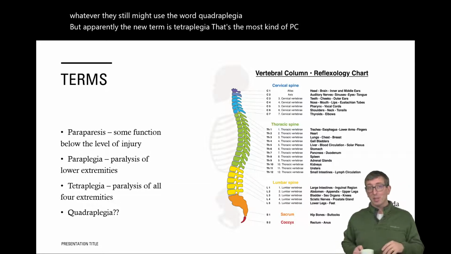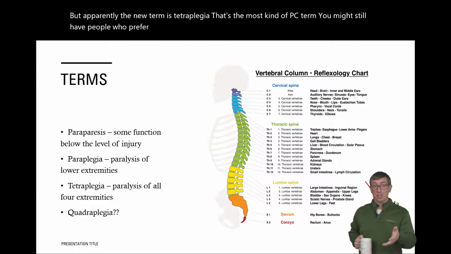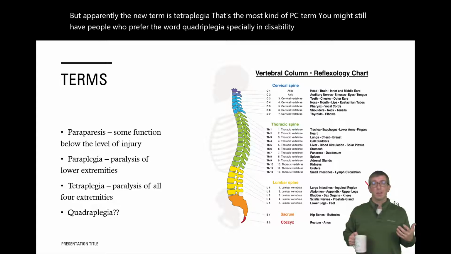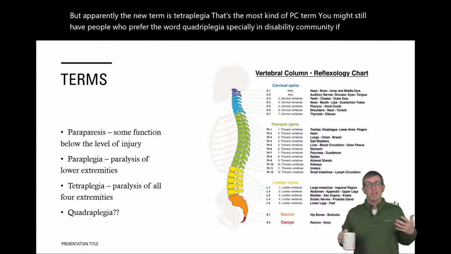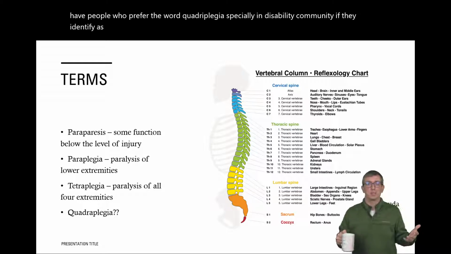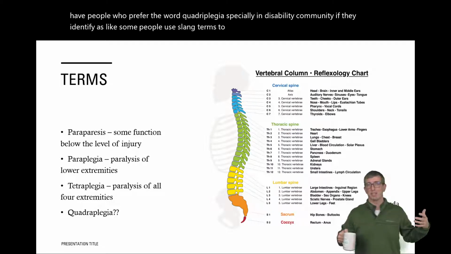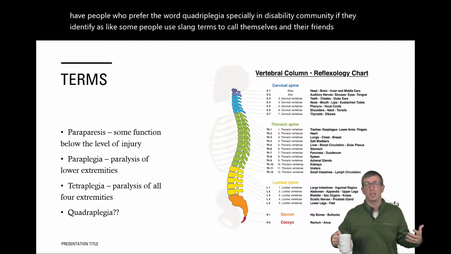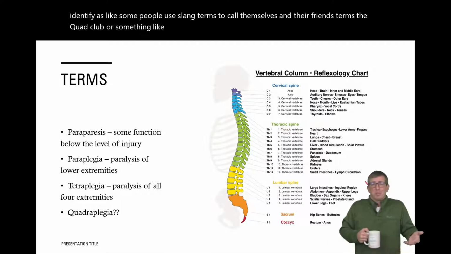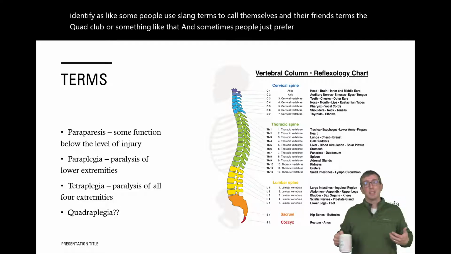You might still have people who prefer the word quadriplegia, especially in the disability community. Some people use slang terms to call themselves and their friends, like you hear terms like the quad club or something like that. And sometimes people just prefer that because that's how they identify. That's a meaningful thing.